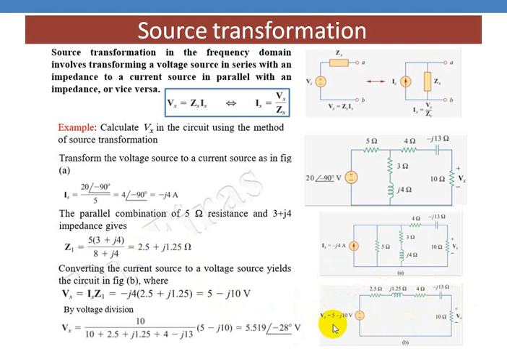The voltage formula will be this voltage, that is 5 minus j10, multiplied by this resistance, that is 10 ohms, divided by the sum of all the resistances and reactances in the circuit, that is 2.5 plus j1.25 plus 4 minus j13 plus 10. So this gives you a value of 5.519 at an angle minus 28 degrees volts.